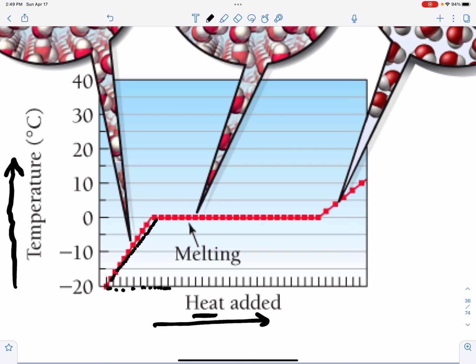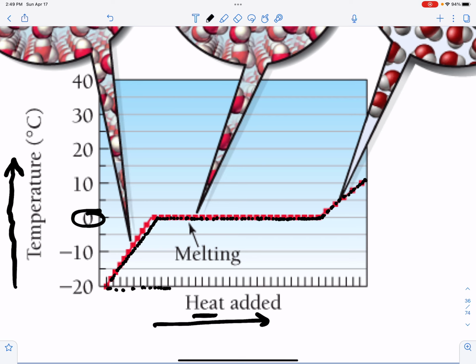And then when it starts melting, you don't see any more change in temperature, so the temperature remains at the melting point. When every single molecule has enough energy to get away from other molecules, then it becomes a liquid and the temperature begins going up again.